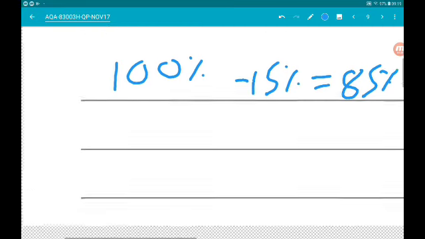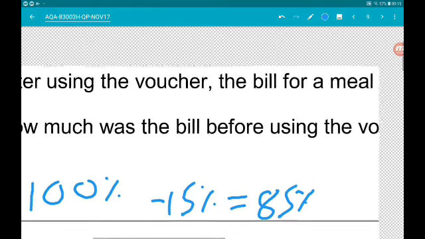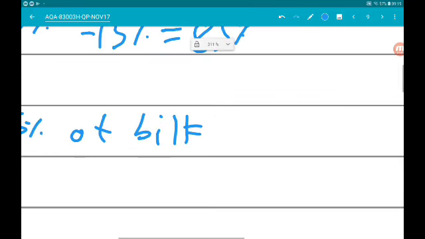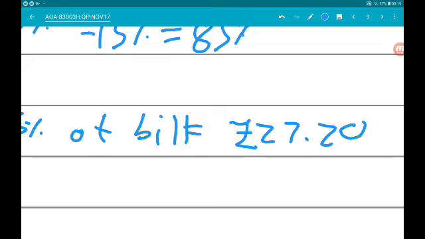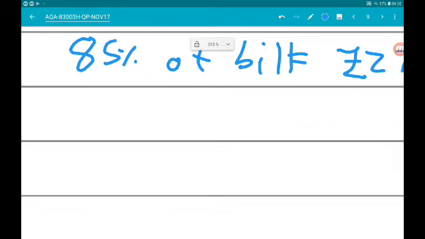So we know 85% of the bill is 27.20. Now, what we need to do is a division and then a multiplication to get 100%. So probably the easiest way is to get 1%.